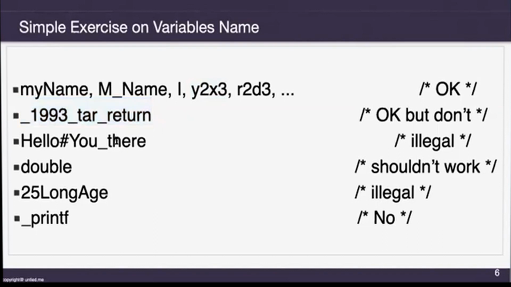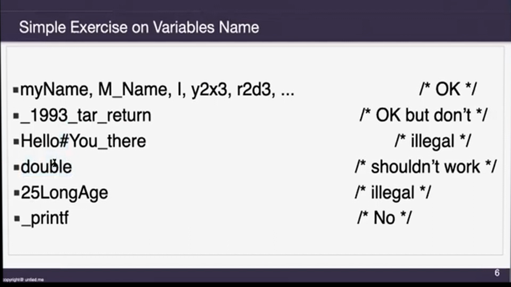Then you have this variable name, which will also not be accepted. It is illegal, you cannot give this type of name, because this character is not acceptable. It is not a letter, it is not a digit, and it is also not an underscore.